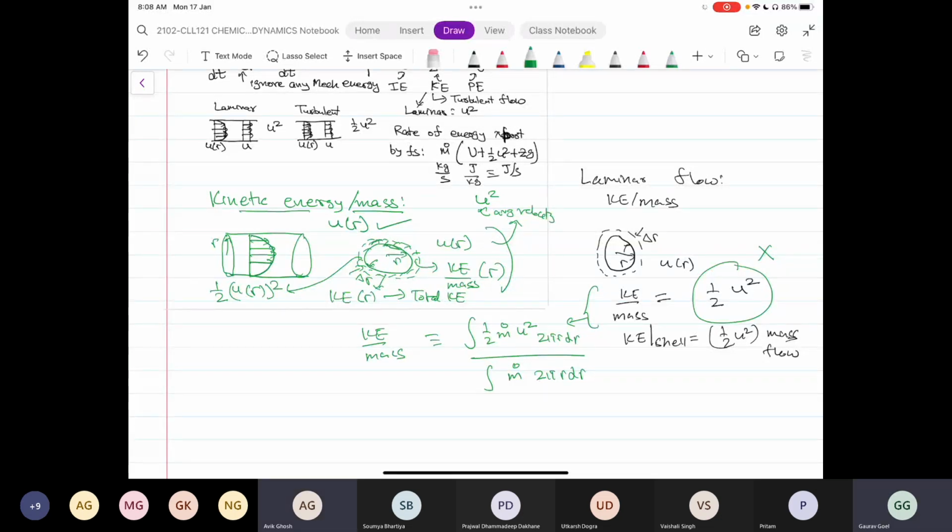Okay, sir. So try that out and see if you indeed are getting 1/2 u square on doing that. Oh, sorry, u square, not 1/2 u square, u square.